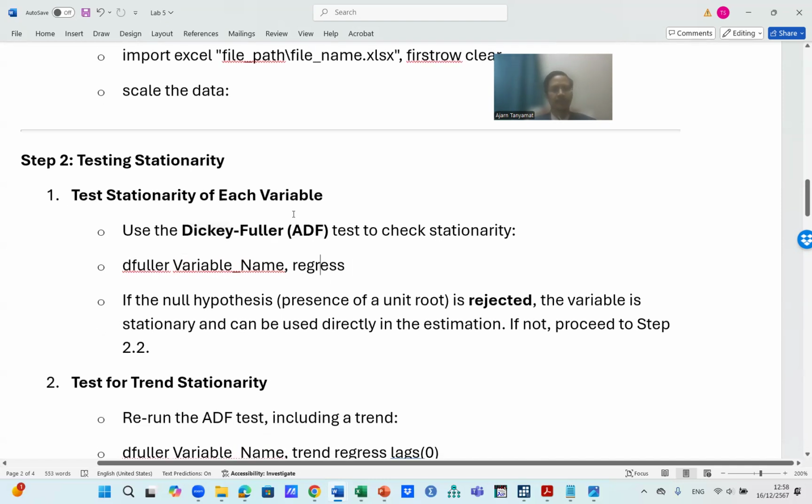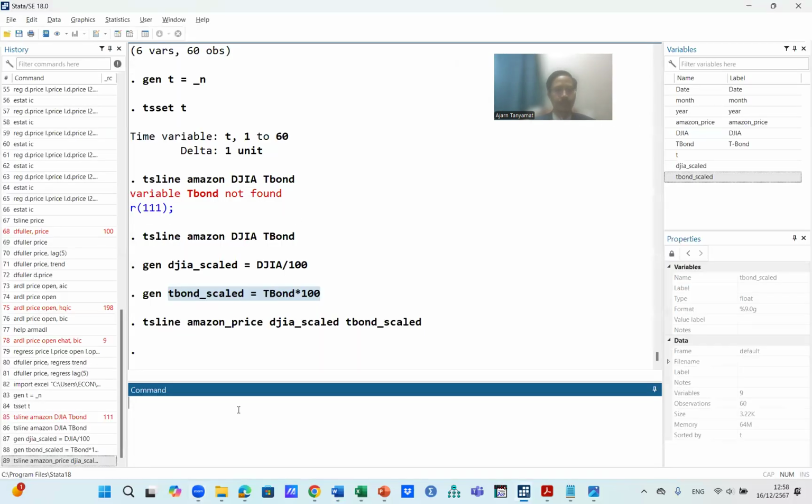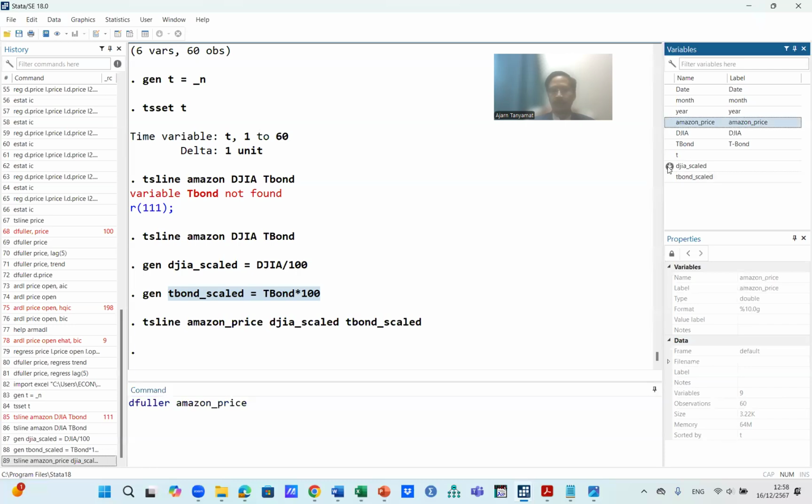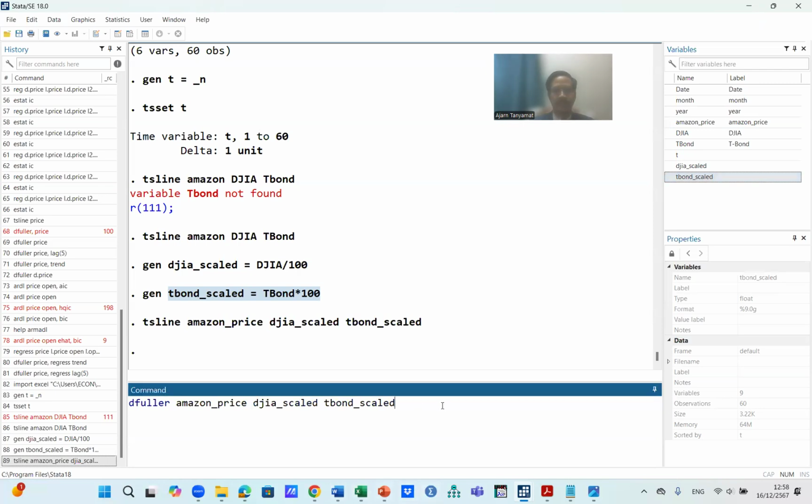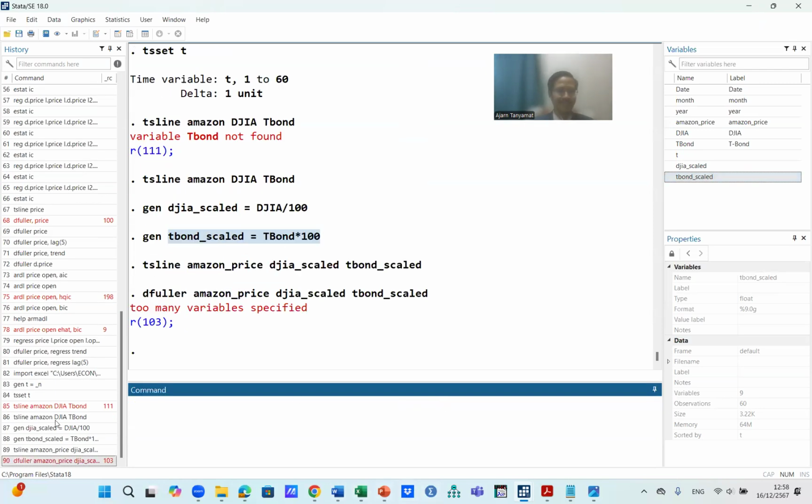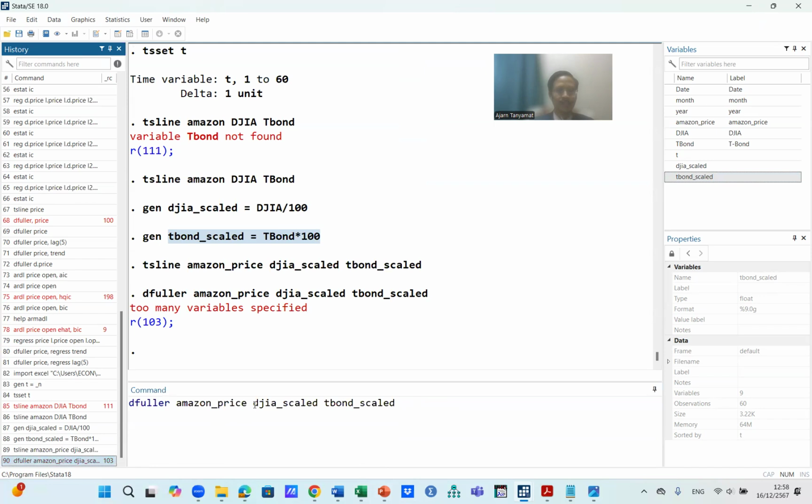Okay, so let's do that. Test Dickey-Fuller for stock price, Dow Jones, and T-bond. I'm wondering if Stata lets you do all three at once. So I'm going to just try anyway. The command is dfuller. You're going to have Amazon, DJIA scaled, T-bond scaled. I wonder if it does that. Nope. So it lets you do only one at a time.